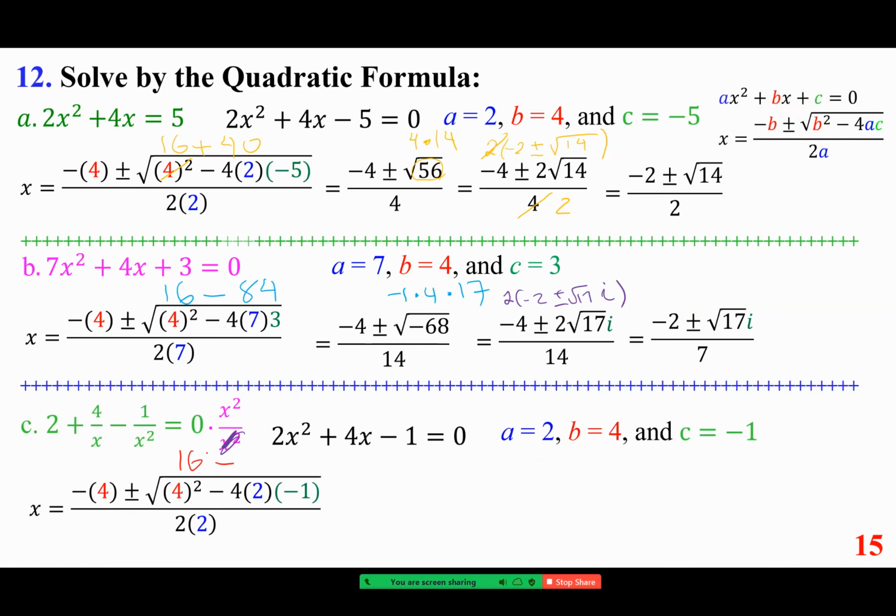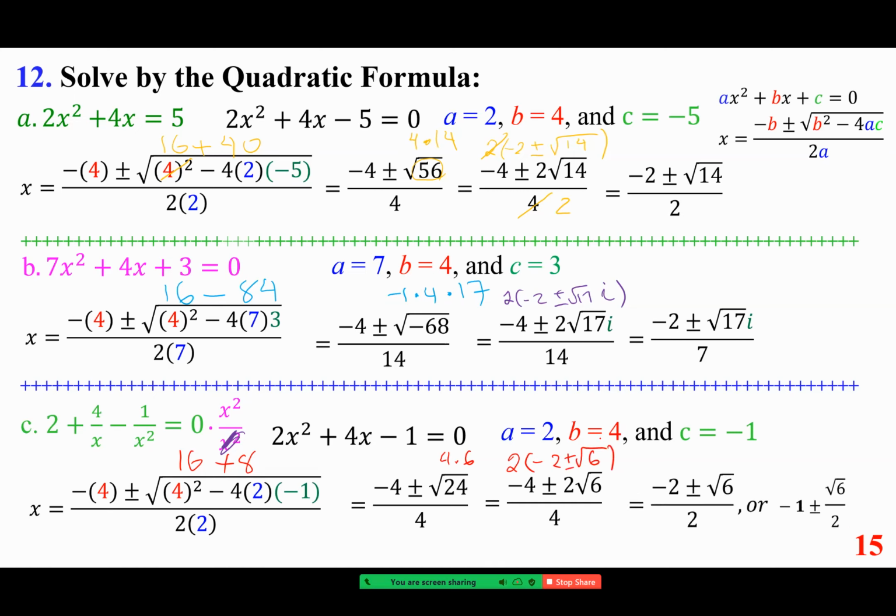Minus 4 times 2 times negative 1 is plus 8. We get 24. 24 is the product of 4 and 6. 4 comes out as 2. Factor out the 2. And this is the final answer.